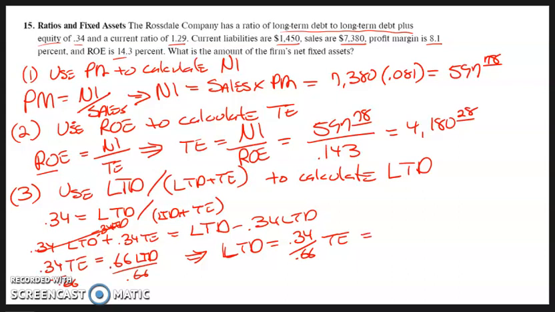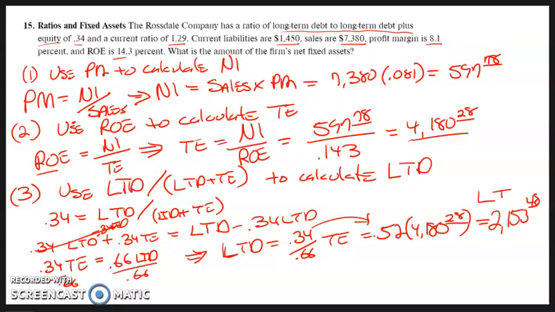So this is 0.52 times our total equity, which comes from up here, 4,180.28, and that is $2,153.48. So that's our long-term debt, LTD.